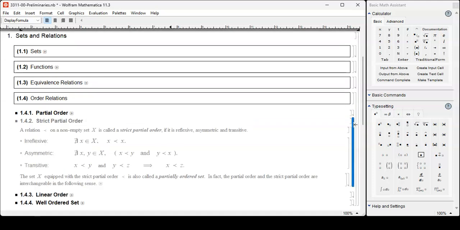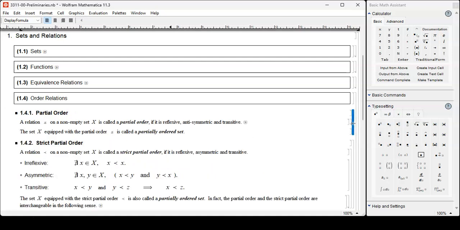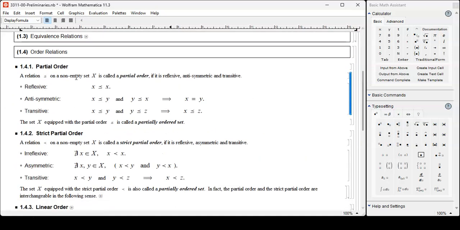Another way to define the same thing is to use strict partial order: irreflexivity, so there's no element that is strictly less than itself, and asymmetry, where x strictly less than y and y strictly less than x is impossible. There's no such pair. And transitivity, of course, stays the same. You can define a partial order using the traditional definition and define strict partial order as x less than or equal to y but not equal.